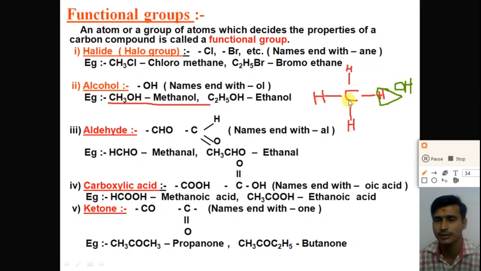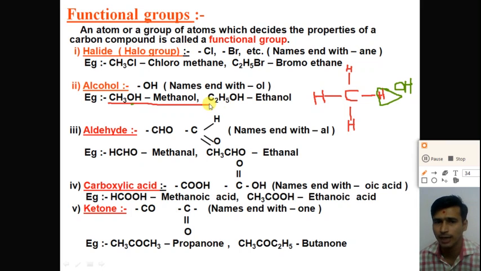Single carbon, that is the methane, and the OH functional group is there, that is the methanol. The functional group OH ends with "ol", so the name of this CH3OH is methanol.